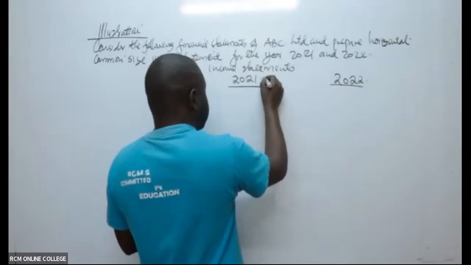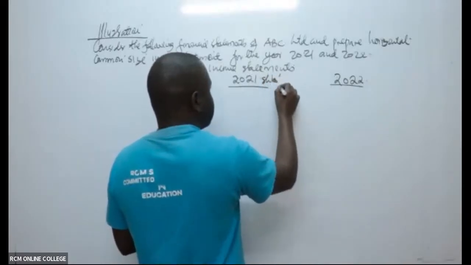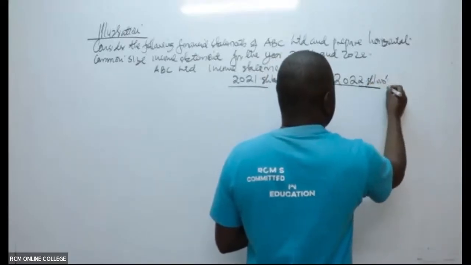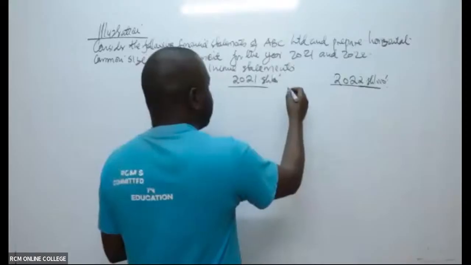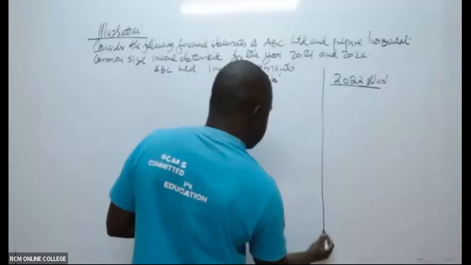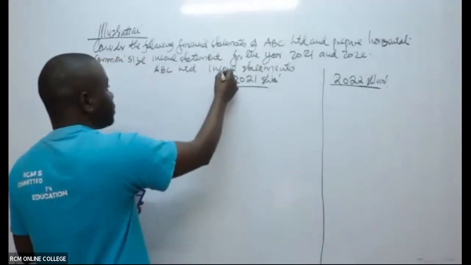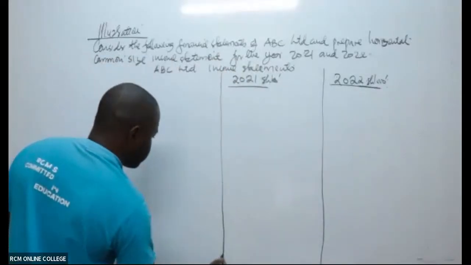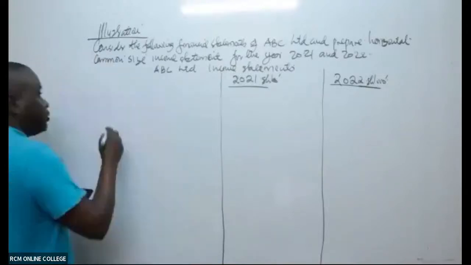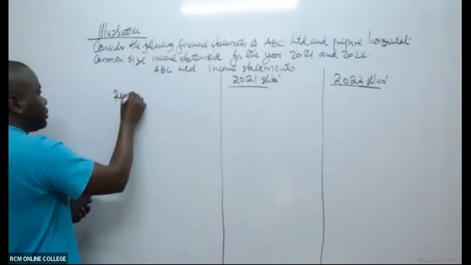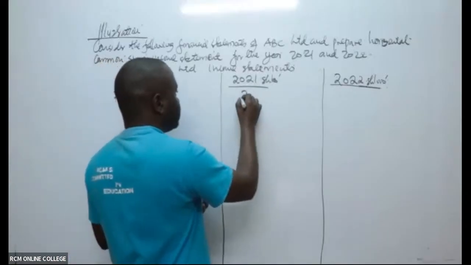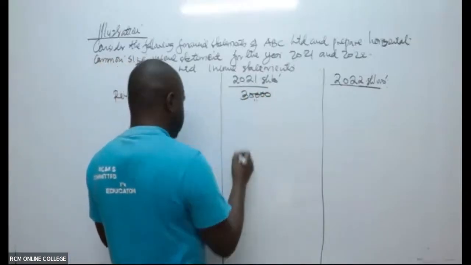Our shillings are in thousands. Then you can start with the revenue. Revenue is 30. So that is the first item.